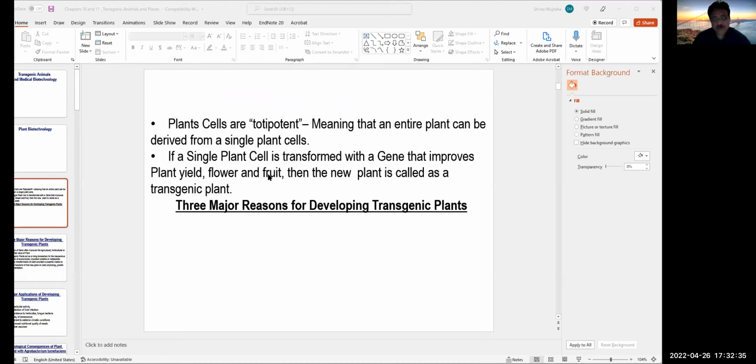So plants are very unique organisms in many ways. Plants were the living organisms that for the first time moved from water to land.